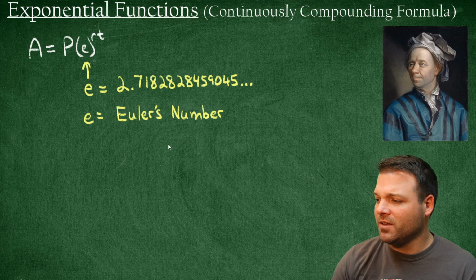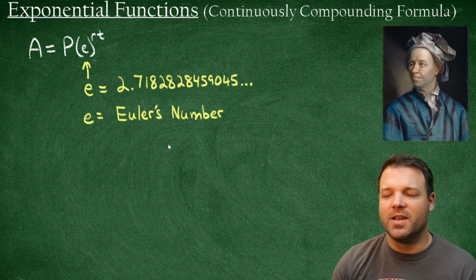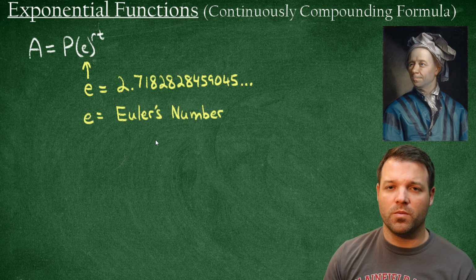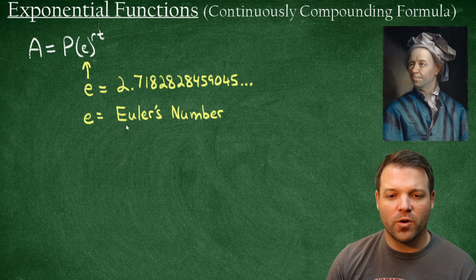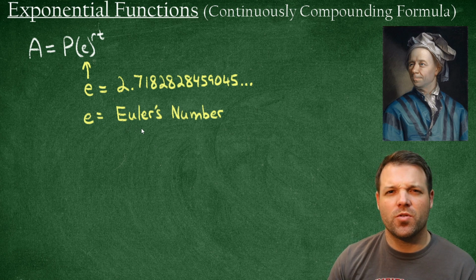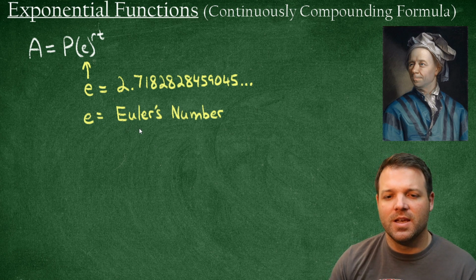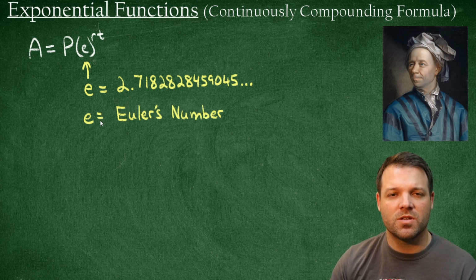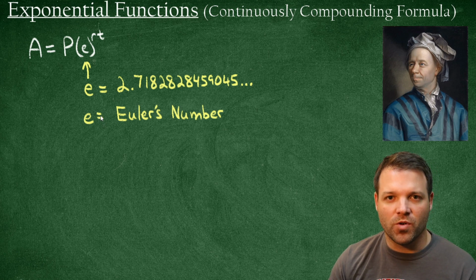And a little factoid here is he also named pi. Pi was known for a long time before Euler, but I'm pretty sure it was known as Archimedes' constant. Euler used the Greek letter pi in order to make writing out and utilizing pi in mathematics easier.